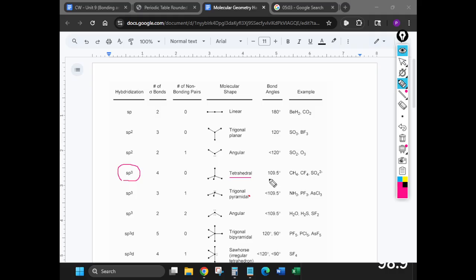So if you look at your methane molecule, you see how there's an angle between the bonds, right? The angle of that bond is 109.5, and that's the maximum amount of space the electrons are going to make with one another. Okay? So that's how you can use this chart in conjunction with the Lewis structures to figure out the geometry, and that's going to tell you what shape the molecule is.